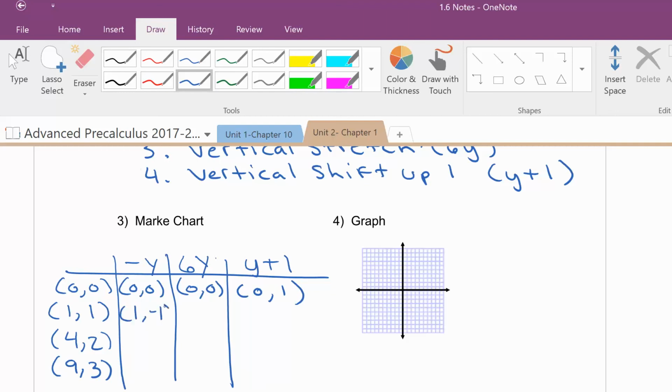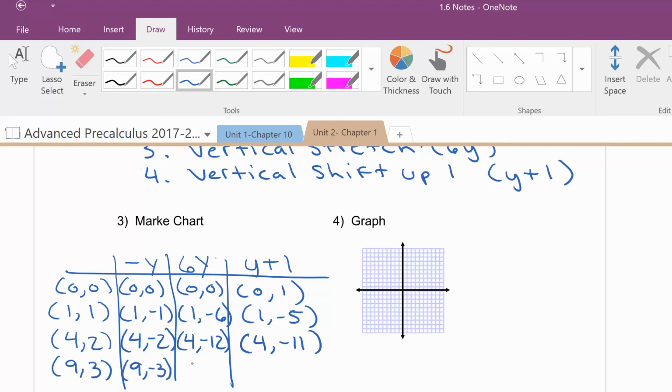Negative 1 for the y, and then negative 6, and then plus 1 gives you negative 5. Negative 2 times 6 is negative 12, plus 1 is negative 11. And then negative 3 times 6 is negative 18, plus 1 is negative 17.